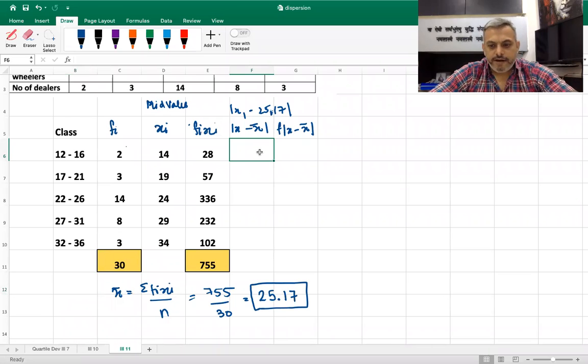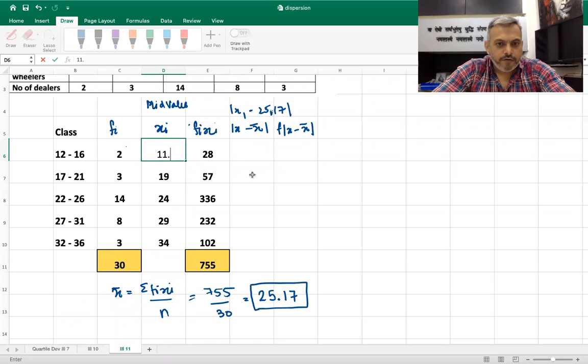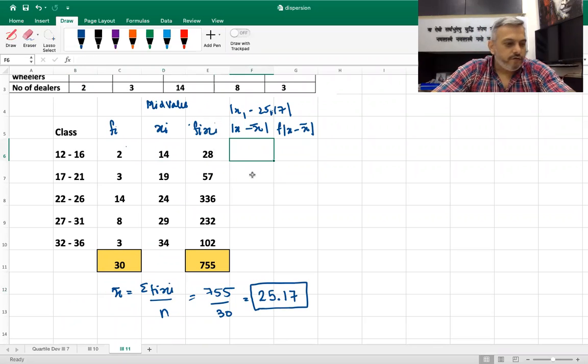Let's calculate xi minus x bar. So xi is 14 minus 25.17. Do it on the calculator, you get 11.17. You take it positive because you are using modulus.